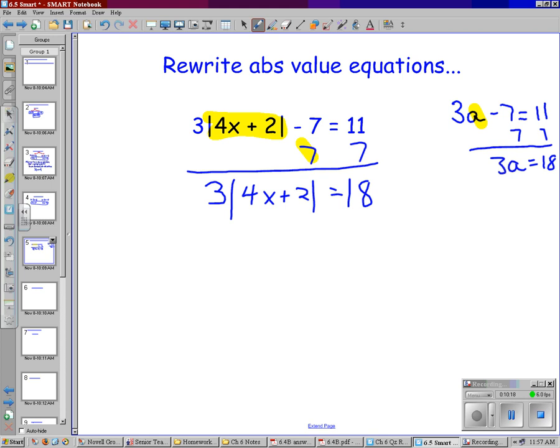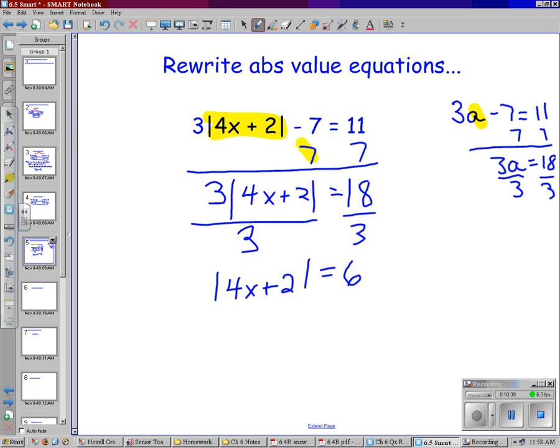All right. Then, just like you would have added 7 over here and had 3a equals 18, what would you do next on my little equation off to the side, Kyle? We would divide by 3, which is the exact same thing that you're going to do over here. You're going to divide by 3 because your goal is to get the absolute value bars all by themselves.